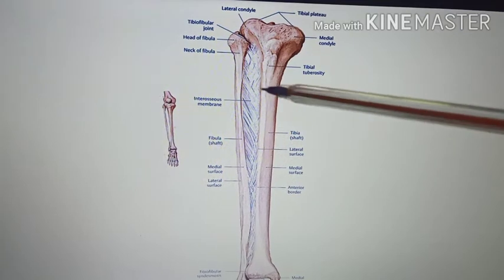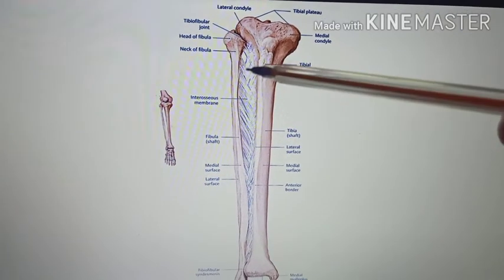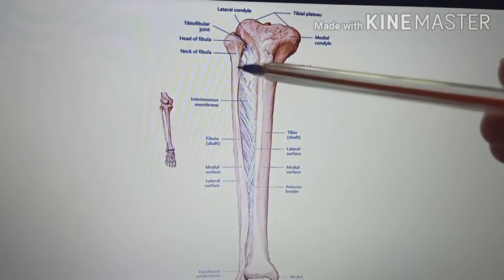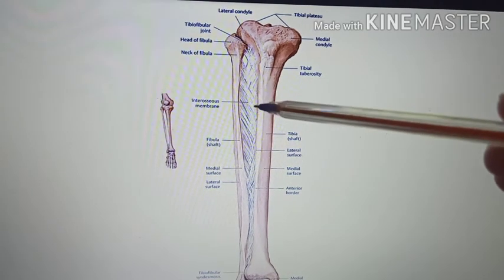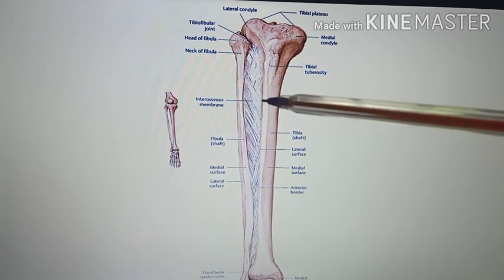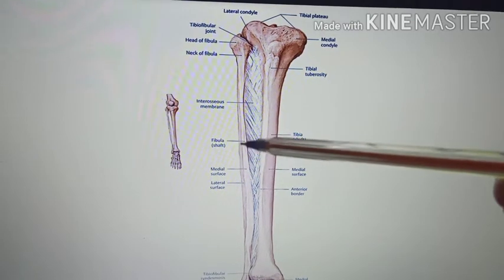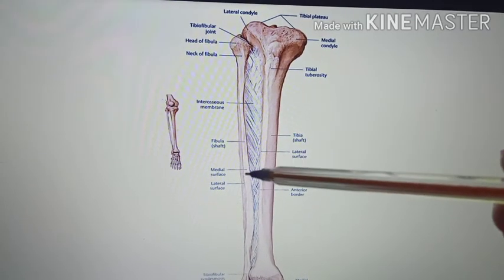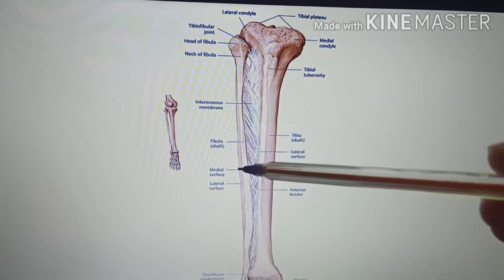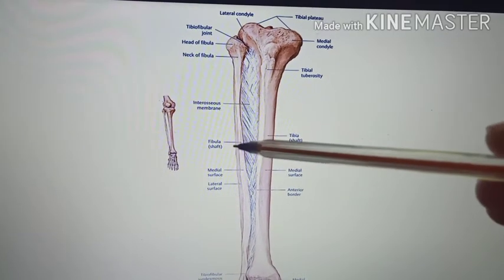So this is a medial side, this is a lateral side. So in the upper part the fibers are directed downwards and medially, whereas in the lower part and most of the fibers are directed downwards and laterally, that is from tibia towards the fibula.